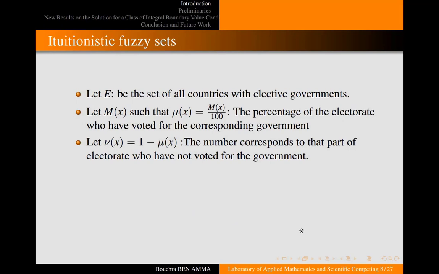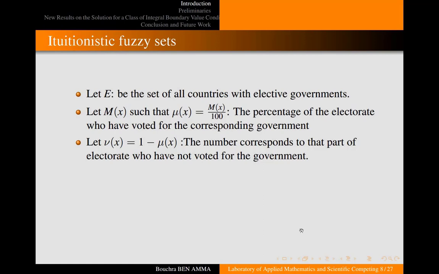Now let's move on to the difference between fuzzy sets and intuitionistic fuzzy sets. Let's consider this example. Let A be the set of all countries with an elected government, where the degree of membership corresponds to the electorate who have voted for the corresponding governments.